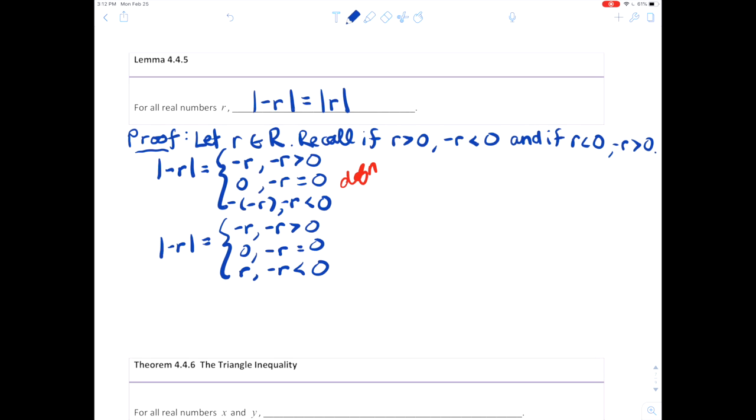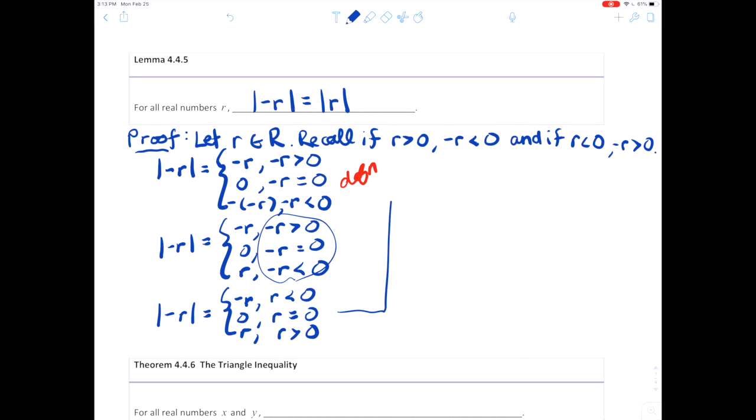But using those properties from algebra, we'll end up with absolute negative r equal to negative r for r less than 0, 0 for r equal to 0, and r for r greater than 0. So I just basically multiplied these each by negative 1 on both sides.